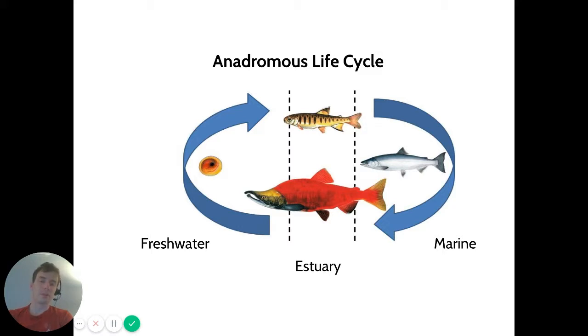And then in order to reproduce, they leave the marine environments and they go back into the freshwater system in order to spawn. And so if fish can't go upstream from the marine environment to the estuary to the freshwater system in order to spawn, then they can't reproduce. And so that is a significant threat for the life cycle of these types of fish.